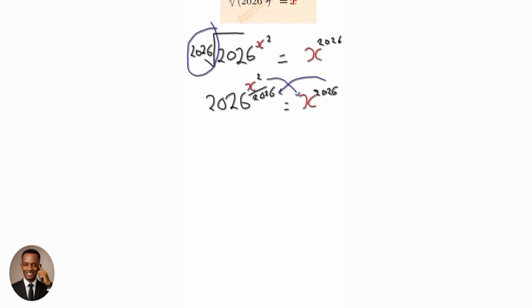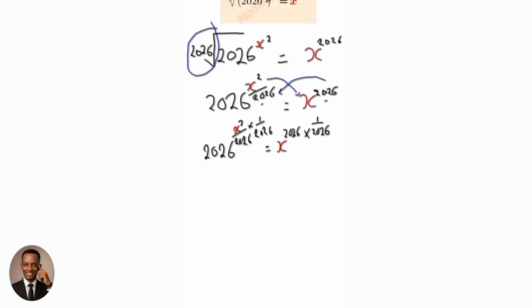So now to do that, we have to multiply. Let's do it one by one. Let's eliminate 2026 first. So to do that, we have to multiply the power of both sides by 1 over 2026, right? So we're going to have 2026 to the power of x squared over 2026, then times 1 over 2026, that will be equals to x to the power of 2026 times 1 over 2026.